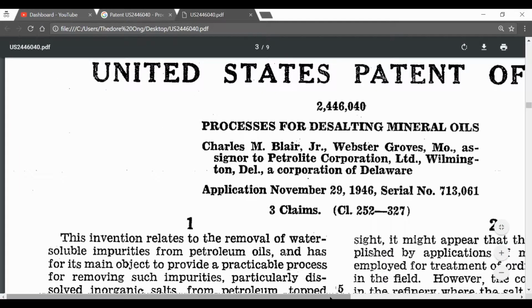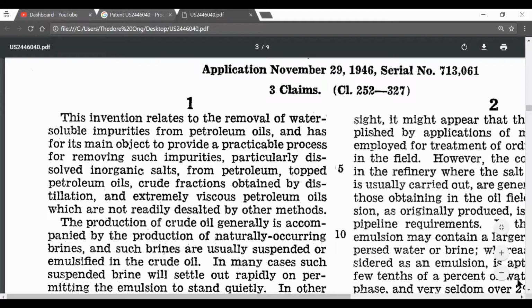We'll zoom in to the first part. So this invention relates to the removal of water-soluble impurities from crude oils, such as salt.